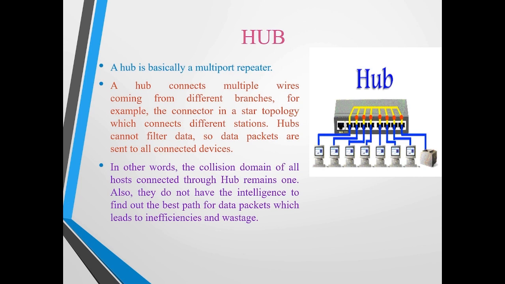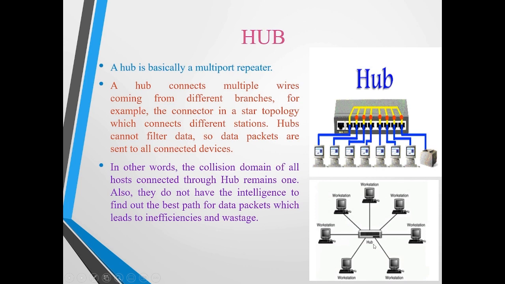So this is one of the major disadvantages of the hub. We could connect multiple devices within the hub, but the main problem is that the message, the file or the data packets which we are sending would be broadcasted. As you could see from here as well, this is one kind of hub.